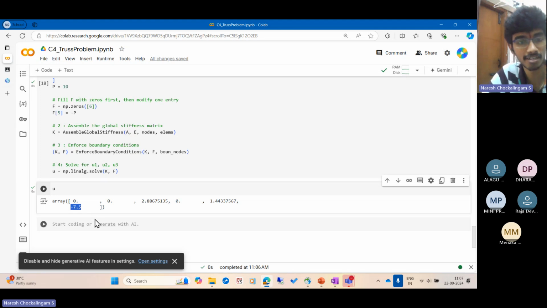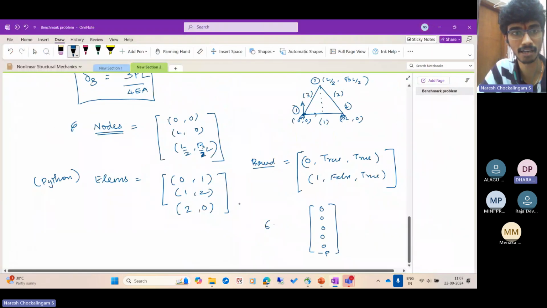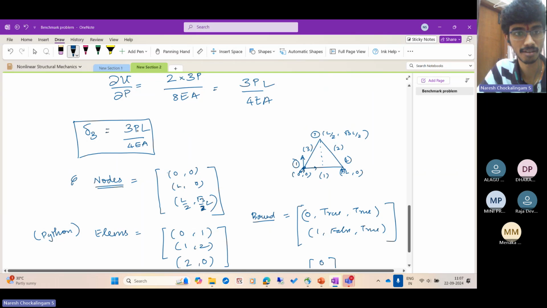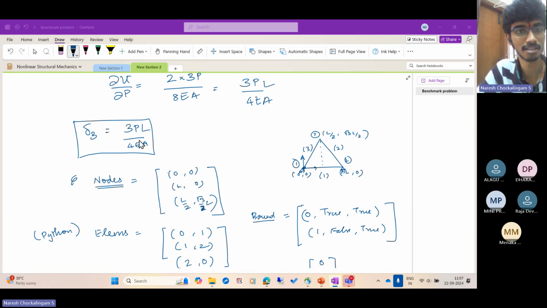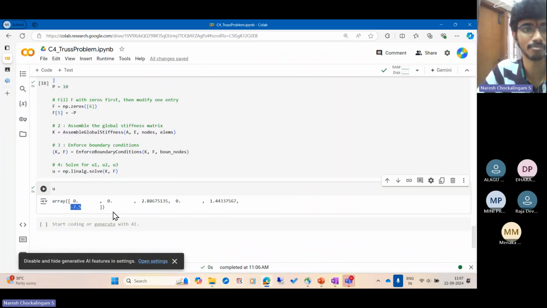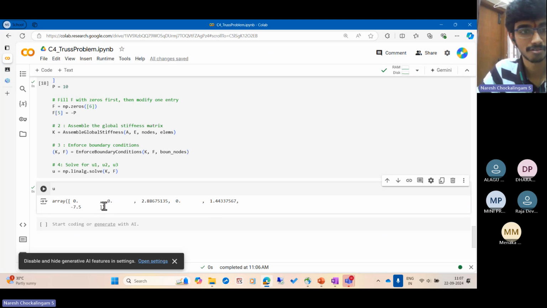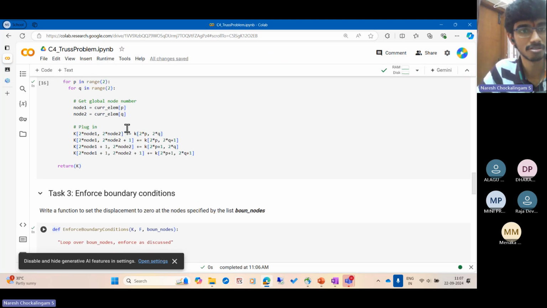I calculated it as 3 PL by 4 EA. So P is 10, L and EA are 1. So it is 3 by 4 of 10. It is downwards, so we get minus 7.5. So that's it. We have solved the problem.